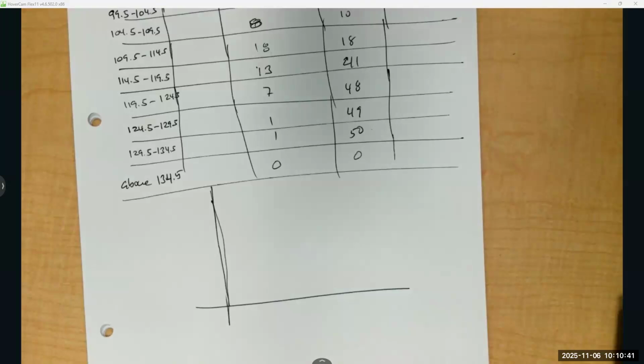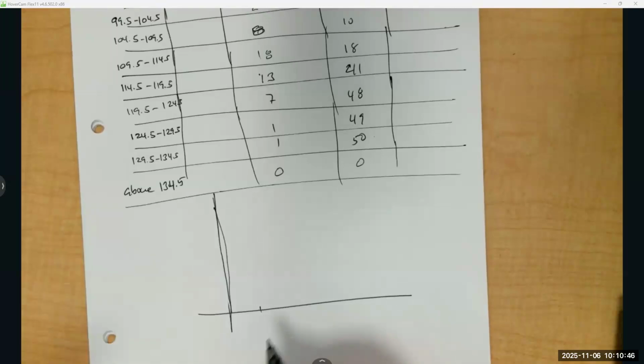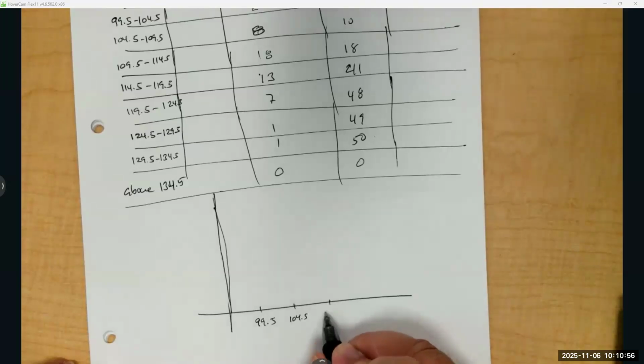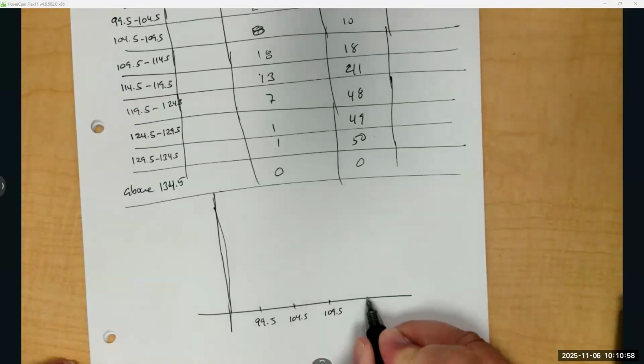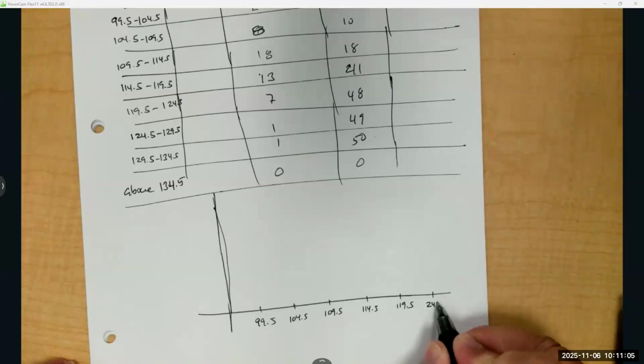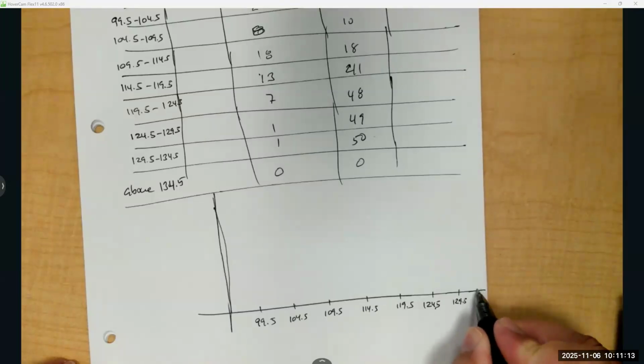They are simply the bound points, because we're no longer in that same order. We have 99.5. What's the next one? 104.5, 109.5, 114.5, 119.5, 124.5, 129.5, and 134.5.